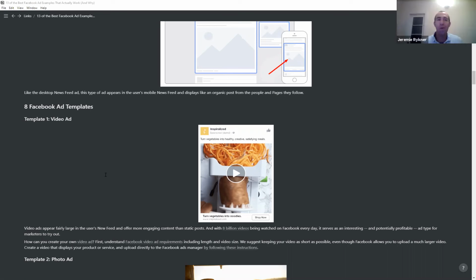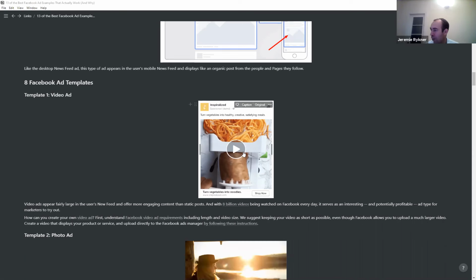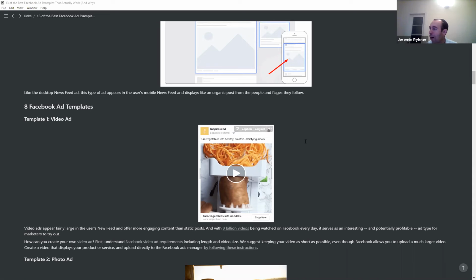Okay, so back to some ad examples. Number 1 is the video ad. You can see here, once again, we already talked a lot of times about the advantages of using a video ad. I just want to bring your attention, although you can see the video itself, that even the first image they see, the preview image of the video, is colorful, and maybe sometimes even interesting, different than what you would usually expect.